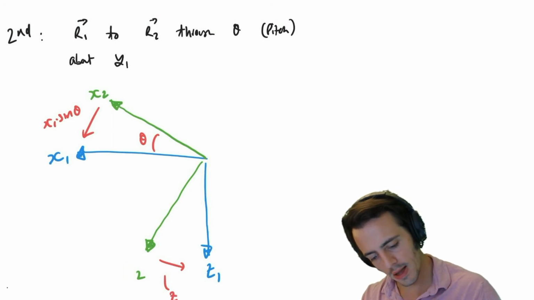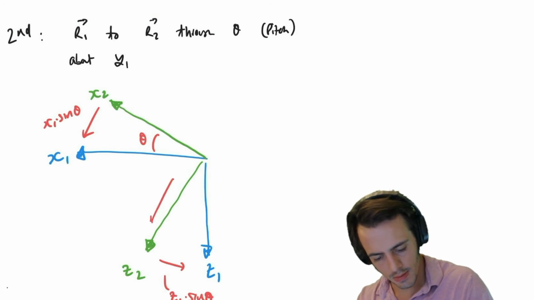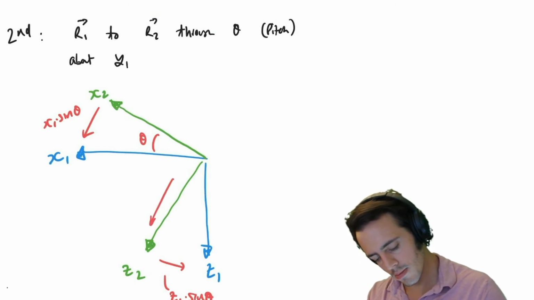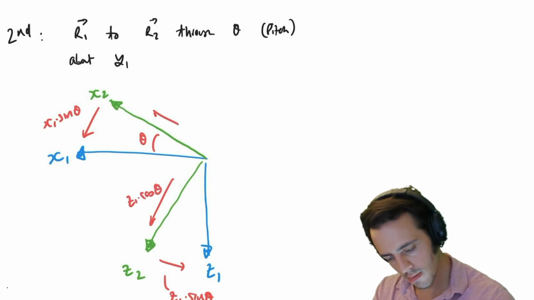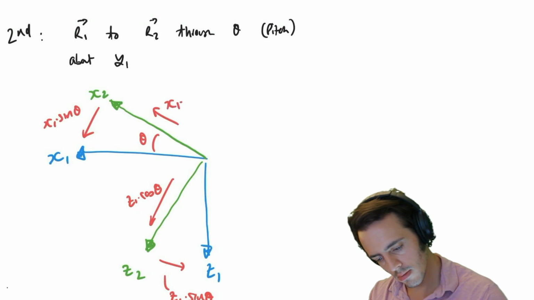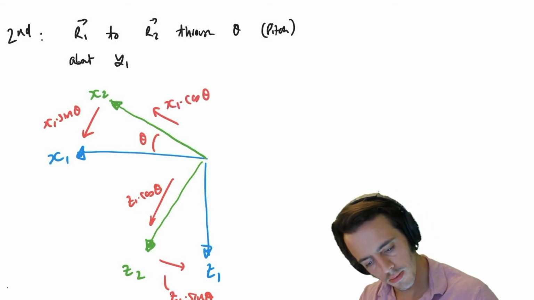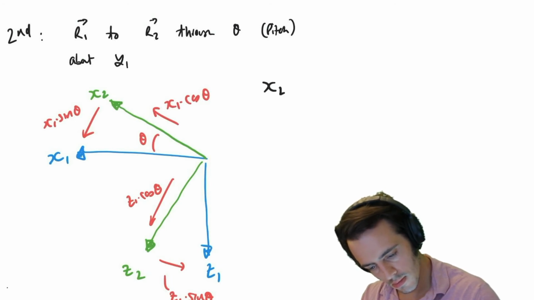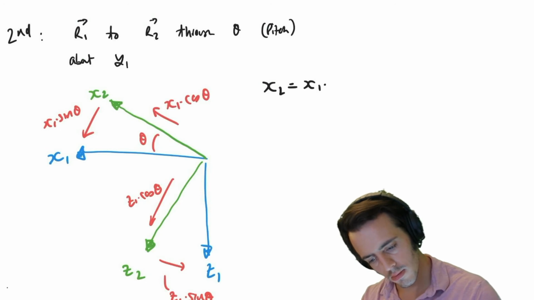That shouldn't be a Z, that should be a Y. Sorry, it shouldn't be a Y, it should be a Z. Okay, so I'm collecting components.